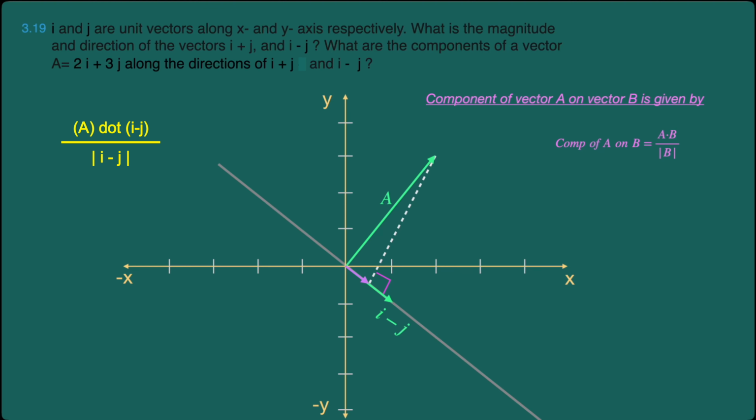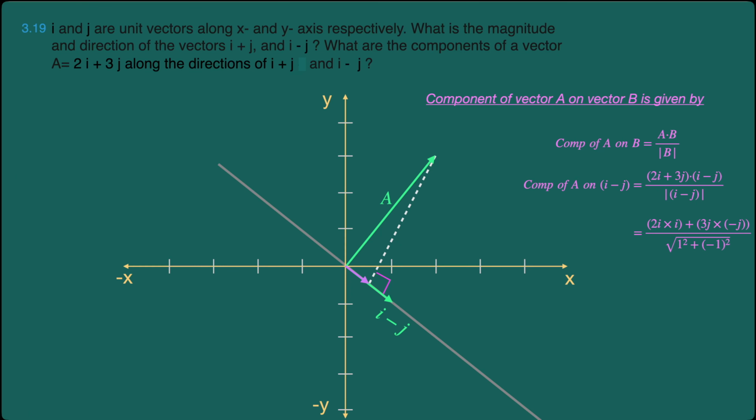So we have the dot product of 2i plus 3j with i minus j divided by the magnitude of i minus j, which will become equal to 2i times i plus 3j times minus j divided by under root of 1 square plus minus 1 square, equals minus 1 divided by root 2, which gives us minus 1 upon root 2 units. And with this, we have successfully solved NCERT Class 11 Physics question 3.19.